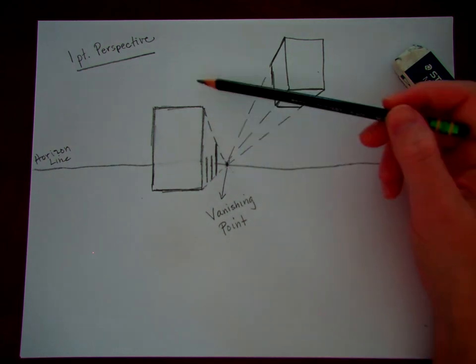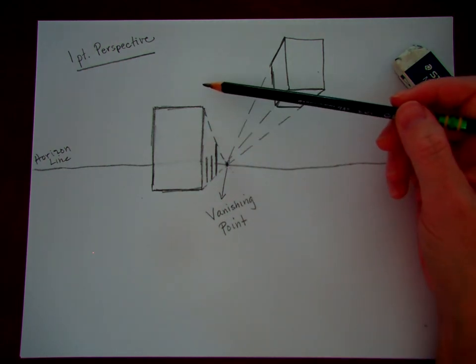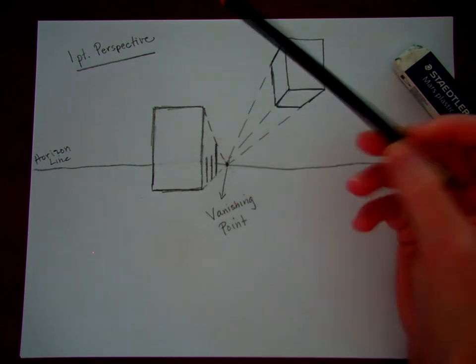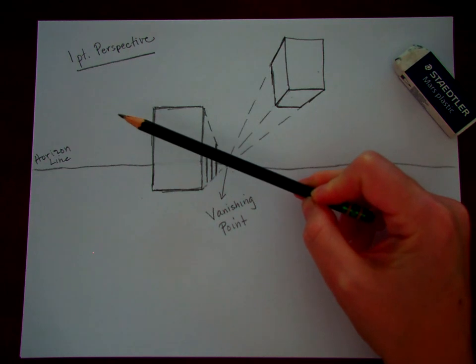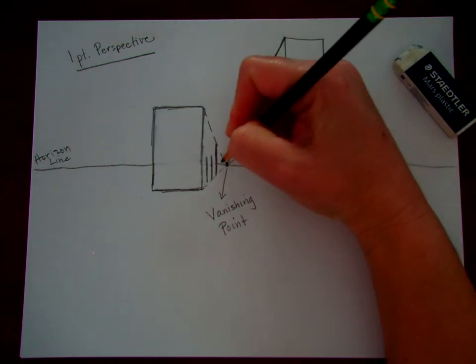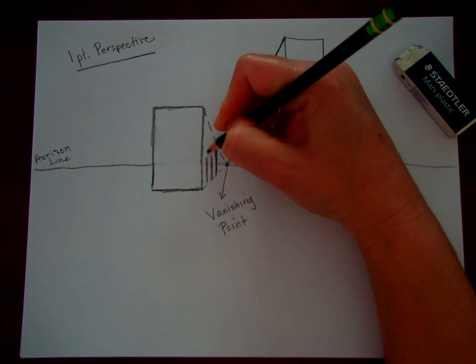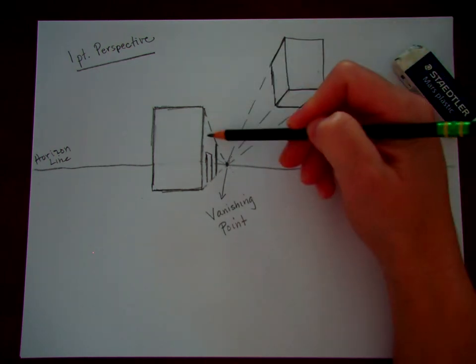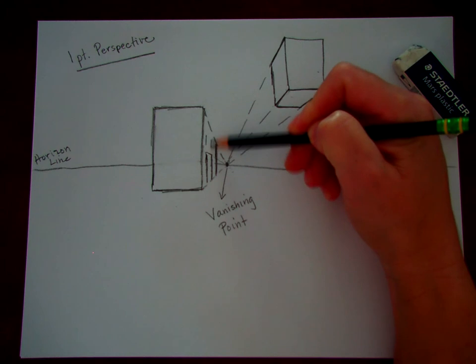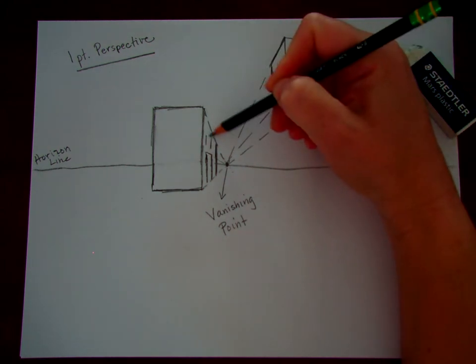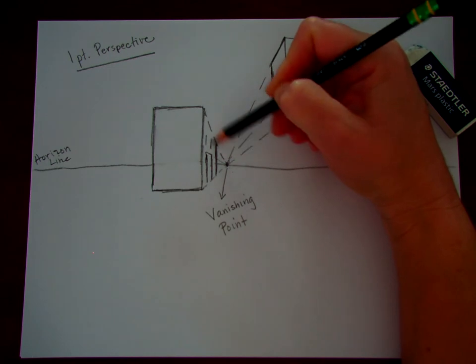So everything that goes vertical is parallel, and everything that goes toward the back has a slant to it towards the vanishing point. I know that the edge of the door is going to go about here. And of course, there's a window up here. So that's parallel, and then the tops and bottoms are going to connect to the vanishing point here.